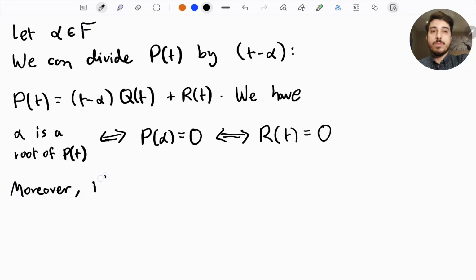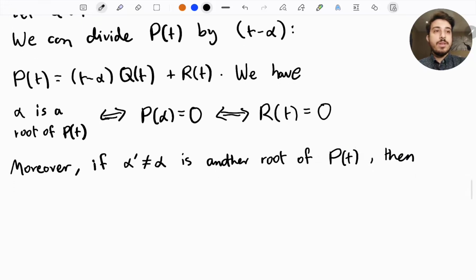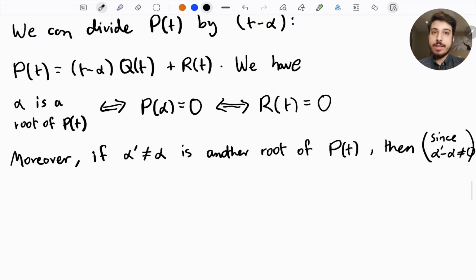Moreover, if we have another root that is different from alpha, then since alpha prime is not equal to alpha, we get that alpha prime minus alpha is not equal to 0. So if we just replace in the equation, knowing that R(t) now is equal to 0, we get P of alpha prime, which is equal to 0 because we've said that it's another root of P(t).